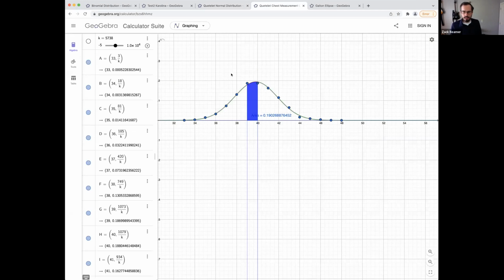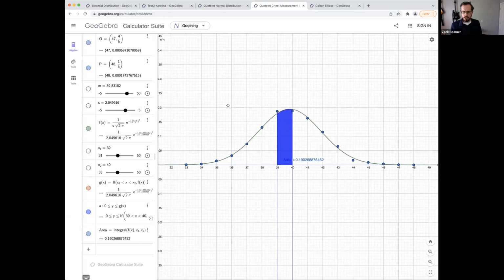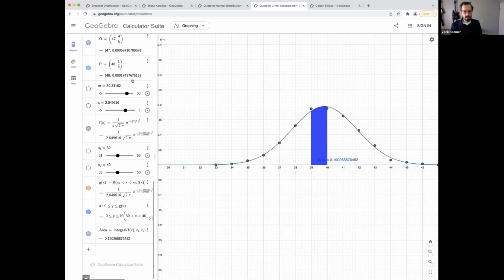So what I've done here is graph the data. I've graphed all of the data points and how frequently they showed up. I did it in terms of probabilities here, so if you can see that y-axis, it's noting how much of the data fell within a certain range.